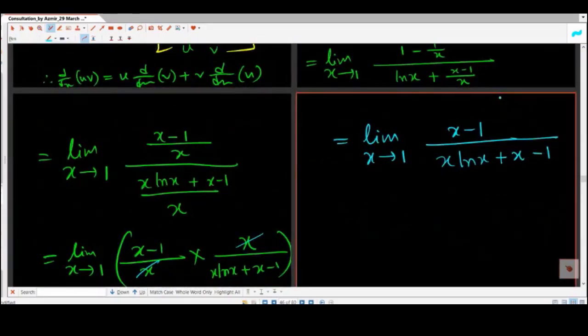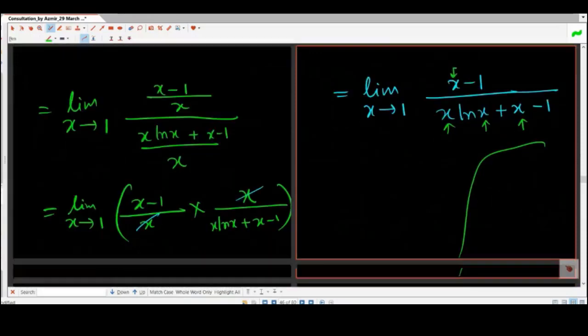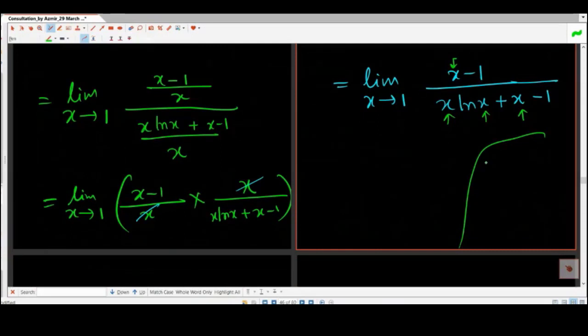Again, we have to check what is the type of this simplified form. Let's do a rough check. So 1, 1 negative 1, 1 times natural log of 1 plus 1 negative 1. So we are getting 1 negative 1 as 0.